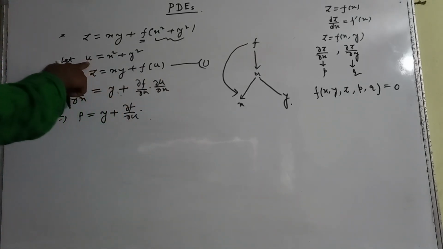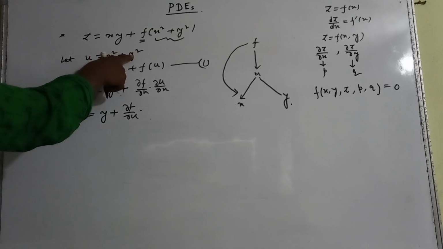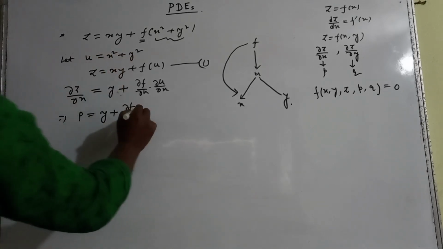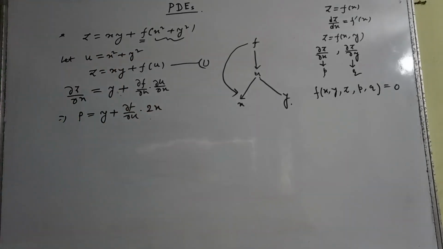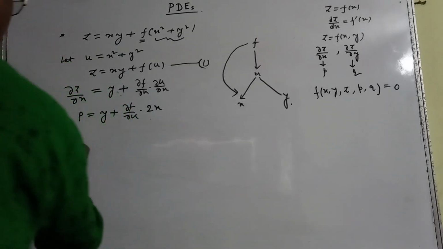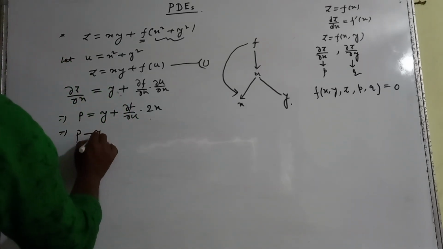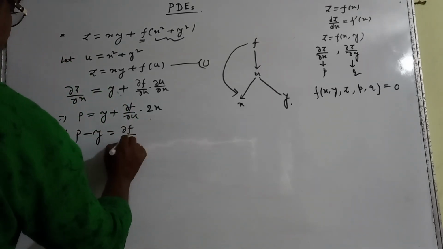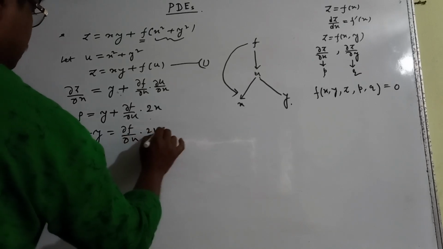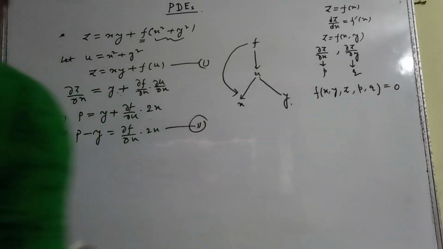From u, del u del x equals 2x. So p minus y equals del f del u into 2x. This is number 2.